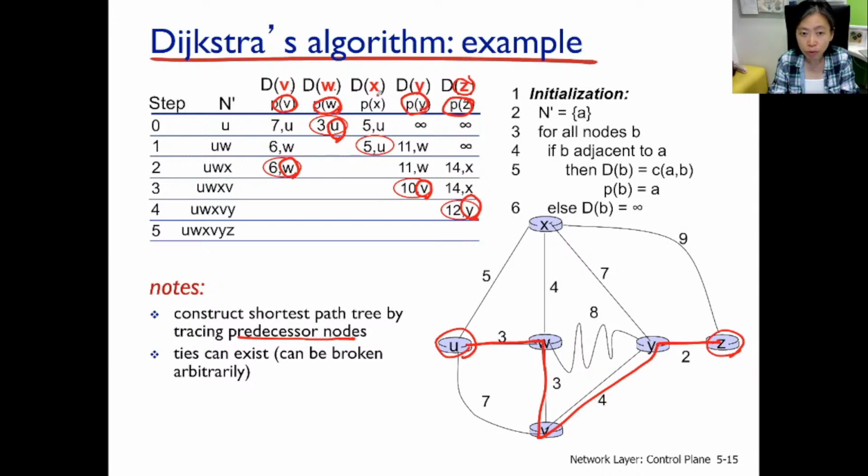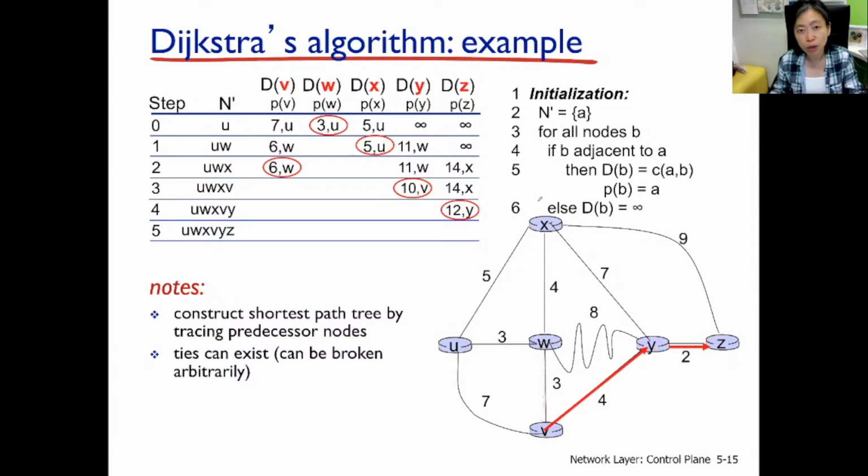The shortest path to X is indicated by the predecessor, which is U itself. And so we can reconstruct the shortest path by just tracing back the predecessors. And you see also here, if we trace back for all possible destinations to the source, we get a tree rooted at the source U to all the destinations.